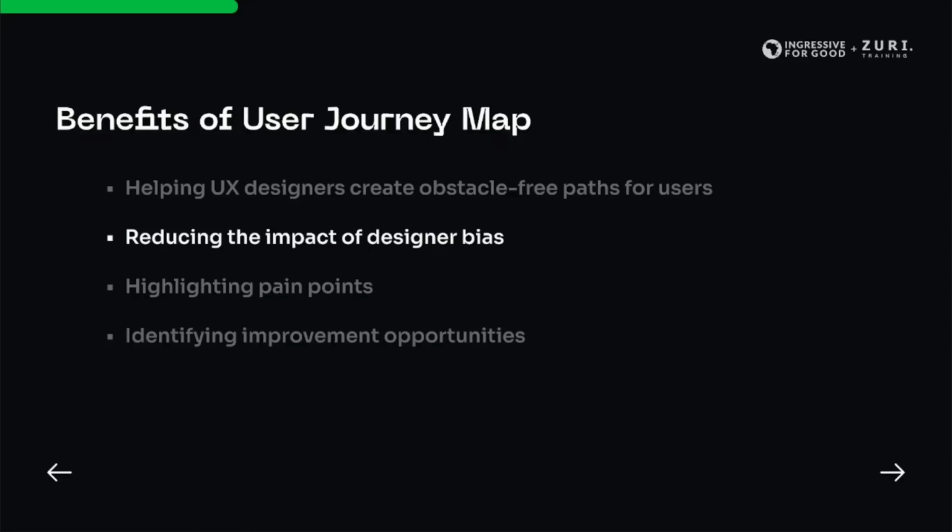That way, you can really focus on how a specific persona, not you, thinks and feels at every step of the journey. User journey map also highlights new pain points.